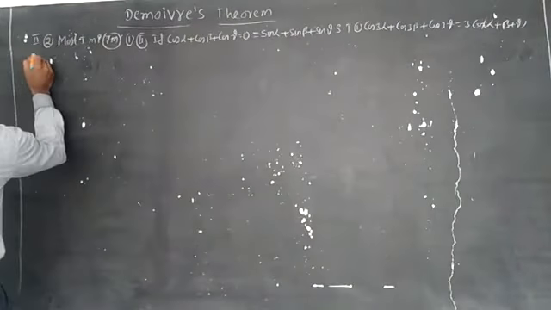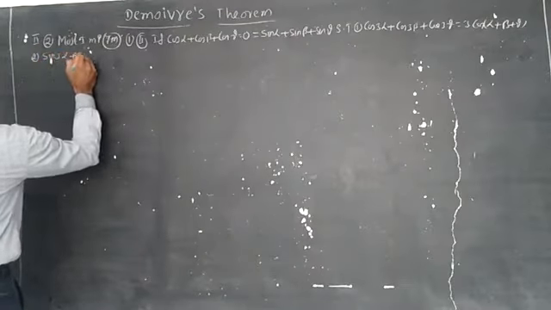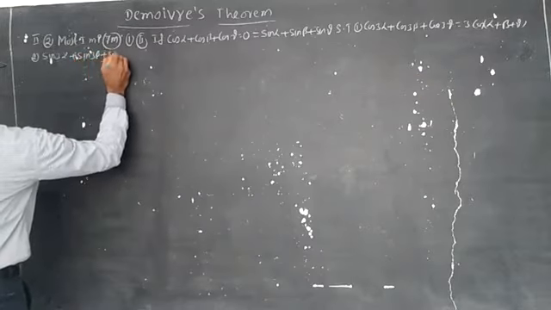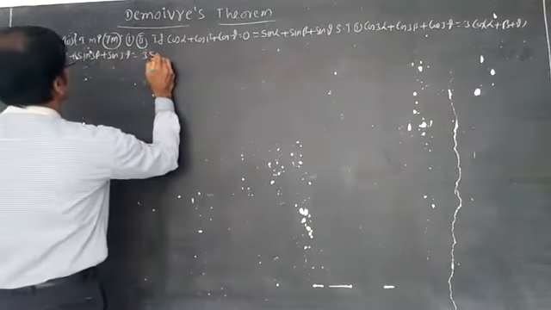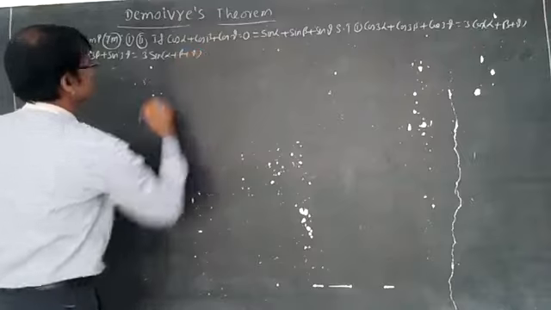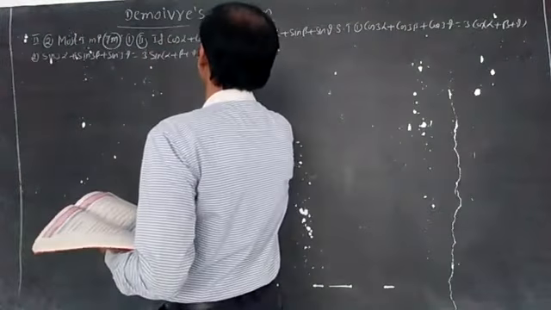Second one, sin 3 alpha plus sin 3 beta plus sin 3 gamma is equal to 3 sin of alpha plus beta plus gamma, and this is for objective.